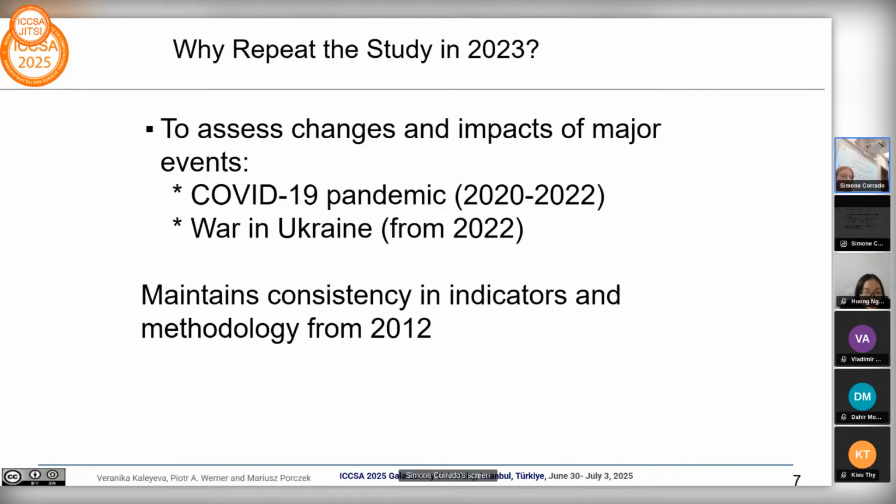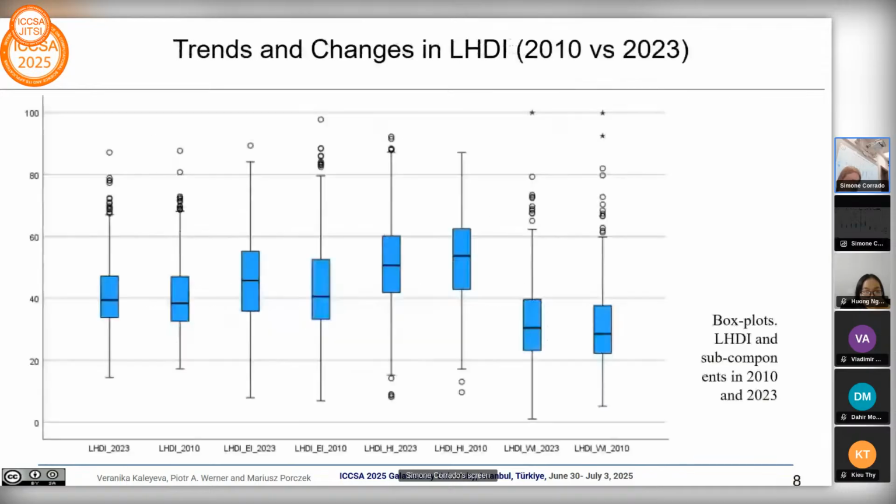Repeating the study allowed us temporal comparability while maintaining the indicators as they were constructed in 2012. So we haven't changed anything in the methodology for this reason.